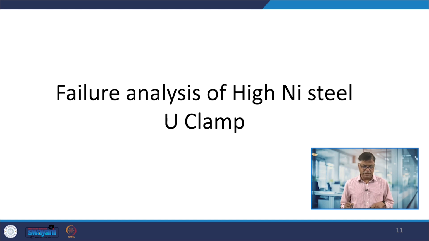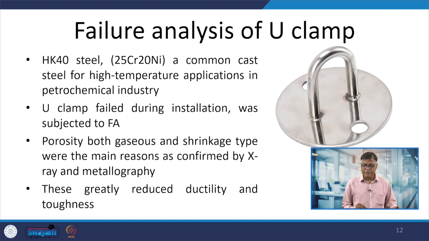Let us see one example, the failure analysis of the high nickel steel U clamp. The U clamp was made of high nickel steel. This is the U clamp which was used for holding tubes and pipes in the petrochemical industry.